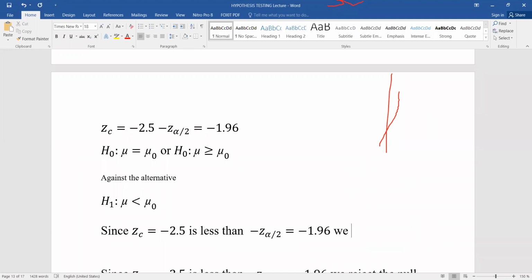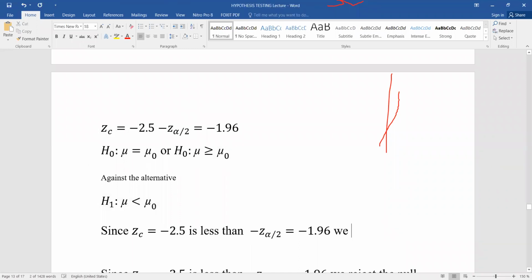Who else? Reject. We reject, because this statement is saying that statement number 2 is correct, but it is less, so this statement is wrong.